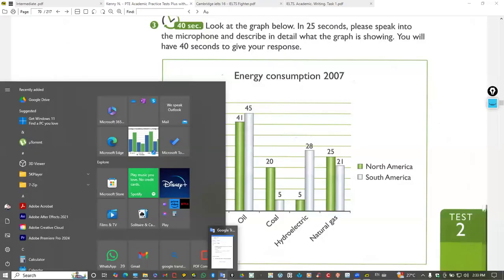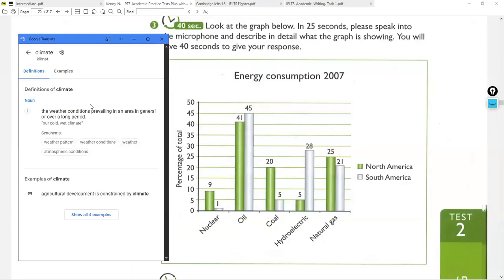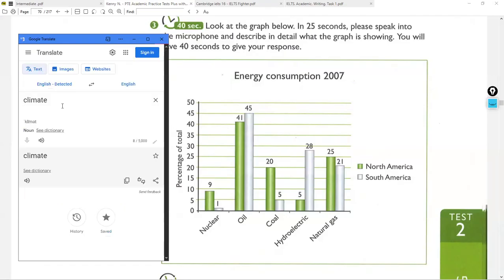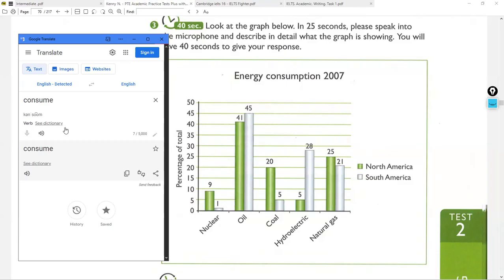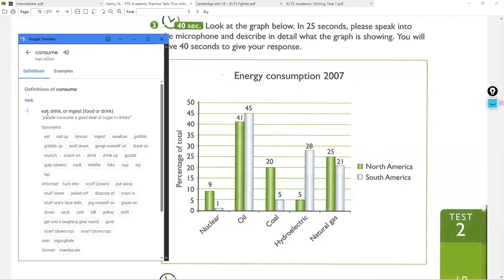You have to learn new vocab every day, Ali, just to be able to understand the graph. Consume is a verb, for example, to eat or drink something. It's about food or drink. If you have food, I can say I'm consuming the food.